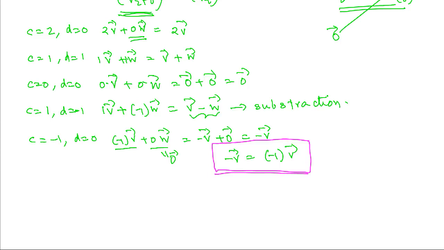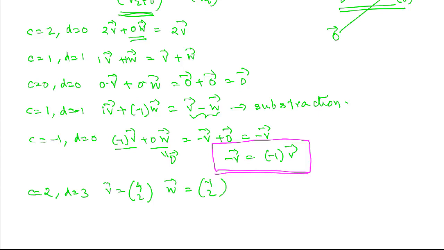So let's do one final thing with real numbers. Say I have C equals 2 and D equals 3, V equals (4, 2), and W equals (minus 1, 2).